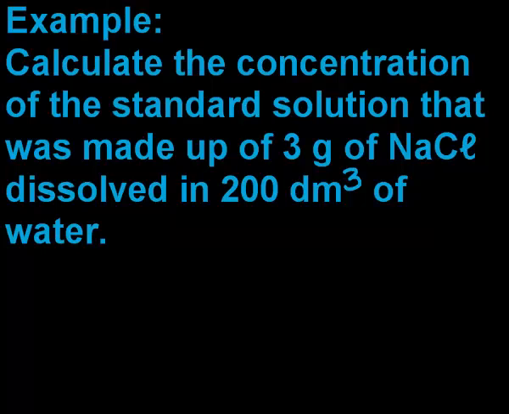Now let's apply this to an example. We need to calculate the concentration of a standard solution that was made up using 3 grams of sodium chloride that has been dissolved in a volumetric flask with a volume of 200 cubic centimeters of water. To calculate concentration, we'll make use of our formula that says moles divided by volume. I do have the volume, it's 200 cubic decimeters, but I do not have the moles.